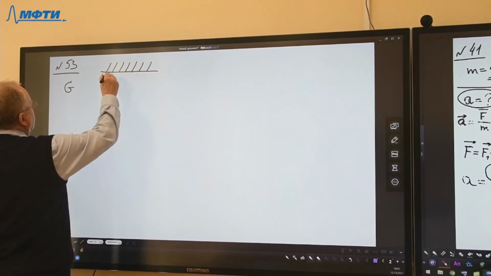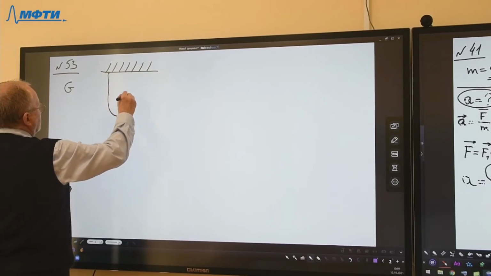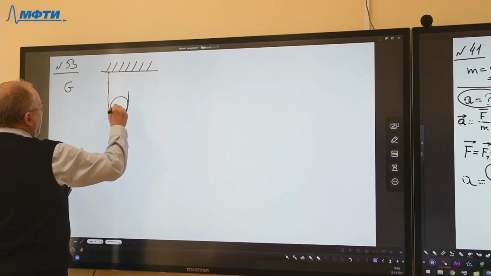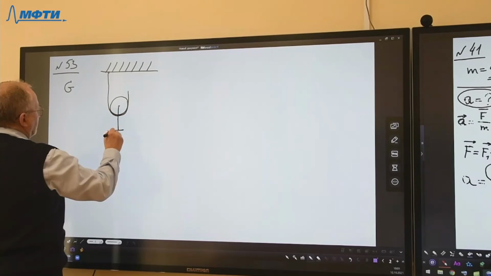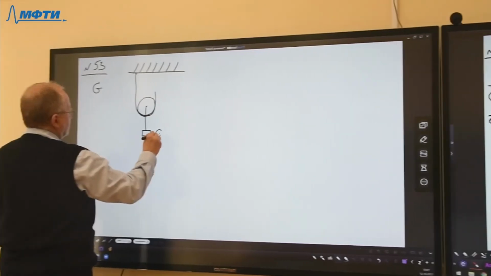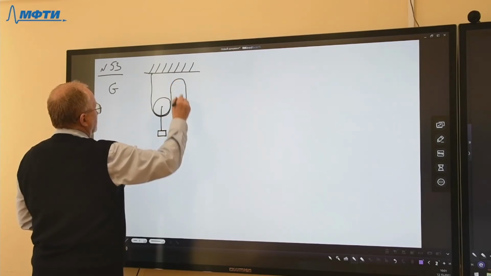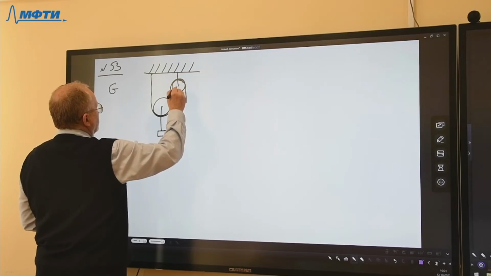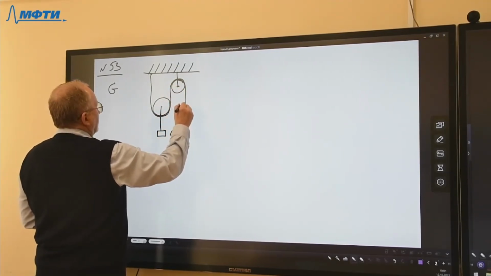So there is a string which goes around the moving pulley, and to the axis of this moving pulley the weight G is attached, and the string goes further around another pulley which is fixed here, and here we pull with some force F.